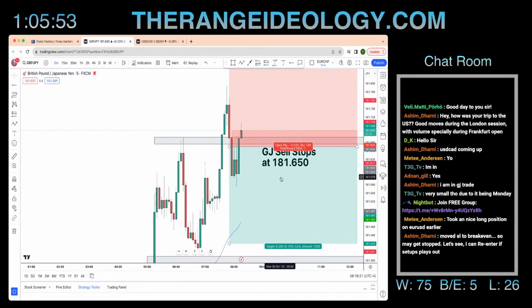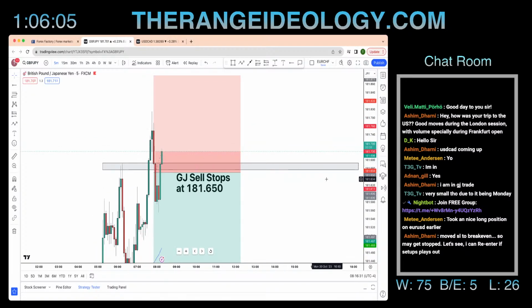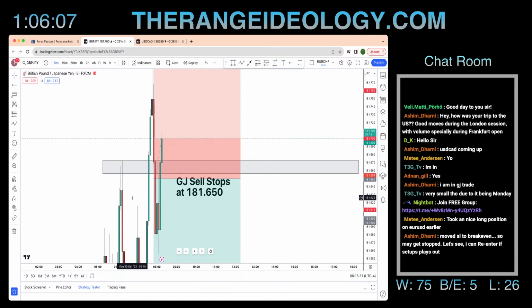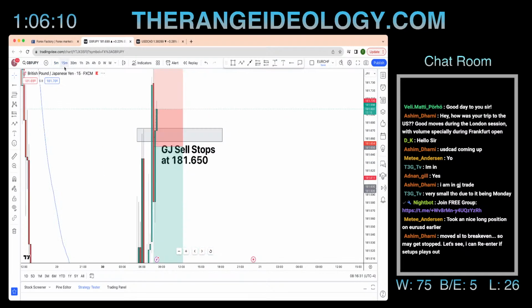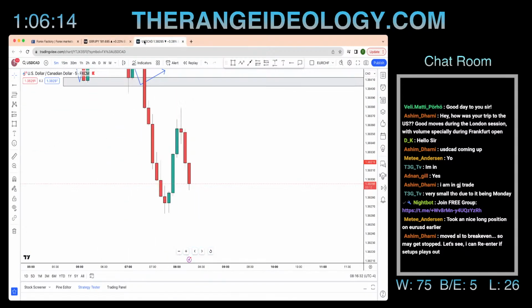Let's see. Oh wow, what a strong push from GJ. Again, no bottom wick on this current candle and the previous 5-minute candle. And it continues to push up.